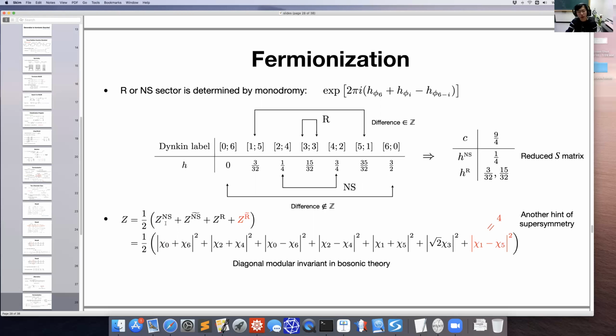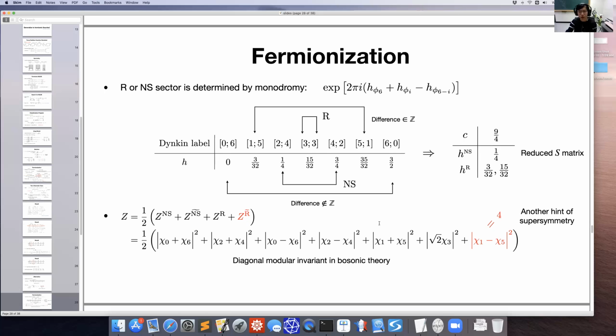And moreover, if you compare the bosonic and fermionic partition function, we can actually make a guess about the R tilde sector, because if we want to have a diagonal modular invariant, this turns out to be exactly a number 4. So somehow that's a hint that there's some supersymmetry in this fermionic model, apart from the observation that the characters can be decomposed in terms of N=1 super conformal characters. Okay, so this is an interesting story.